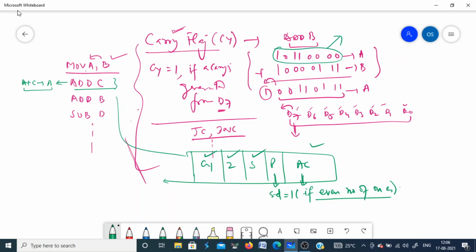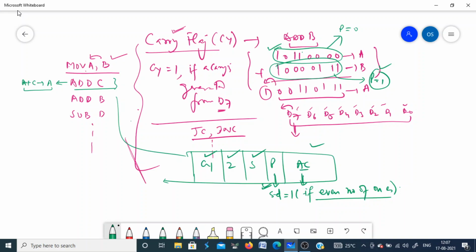To see whether parity is set or reset, you have to count how many ones are there: 1, 2, 3, so it is odd, which means your parity will be 0 in this case. If you see this number as the result of some operation in the accumulator, we have 1, 2, 3, 4 ones, so this number is even, and it is used to check even and odd parity. In this case your parity flag will be set to 1. This is the parity flag.